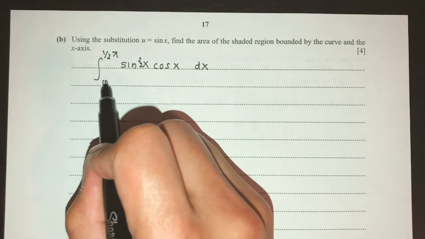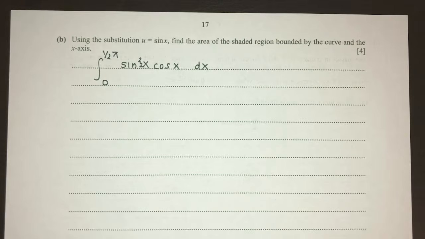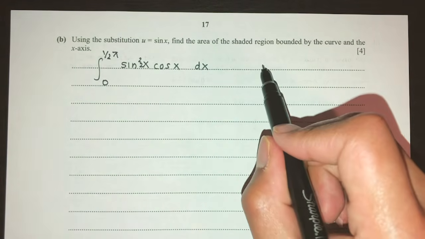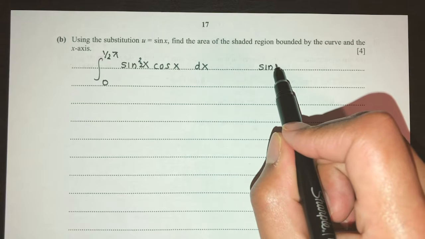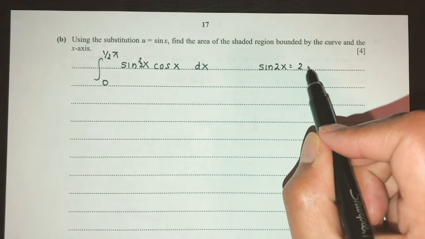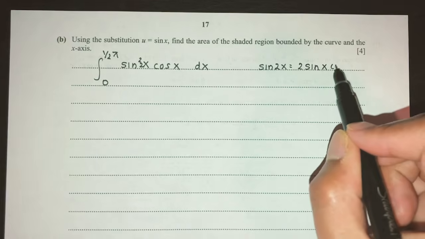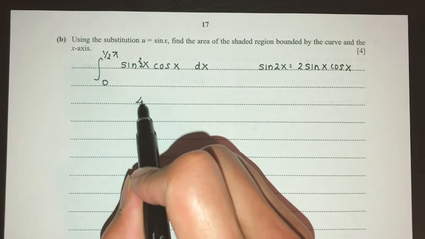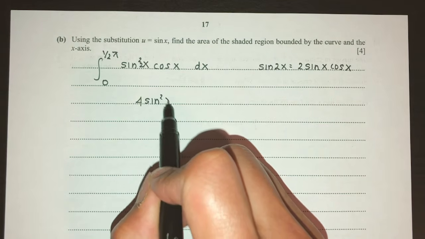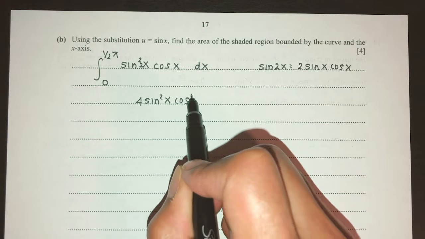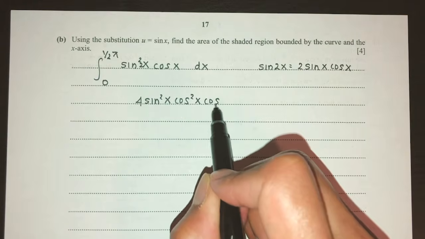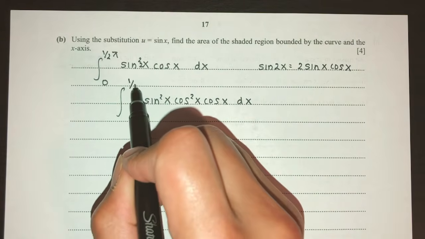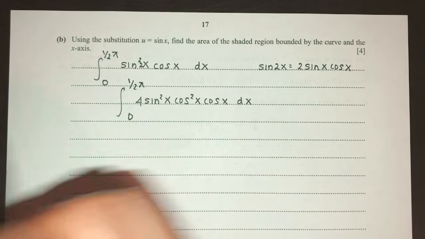So first step here is we have 2x, we have to change that. As you can see, sine of 2x is equal to 2 sine x cos x. Now we have to square, that will give you 4 sine square x cos square x times cos x dx, with limits 0 to half pi.